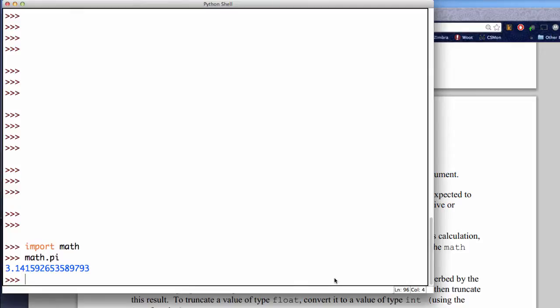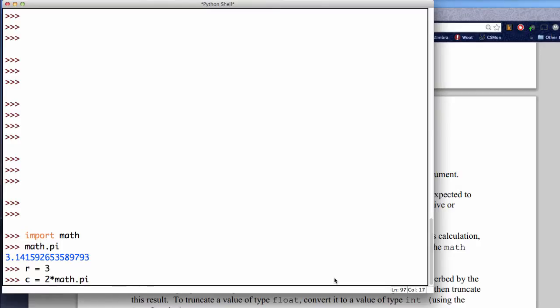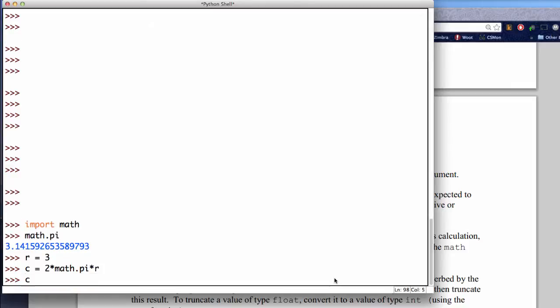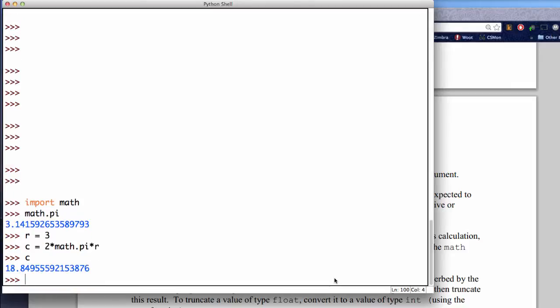Right. So if I had a radius, and let's pick some number like 3, and then I want to find a circumference, which we know is 2 times pi, that's math.pi, times the radius. All right, so what is the circumference? There it is, out to some number of places. And in fact, what is the type of that?